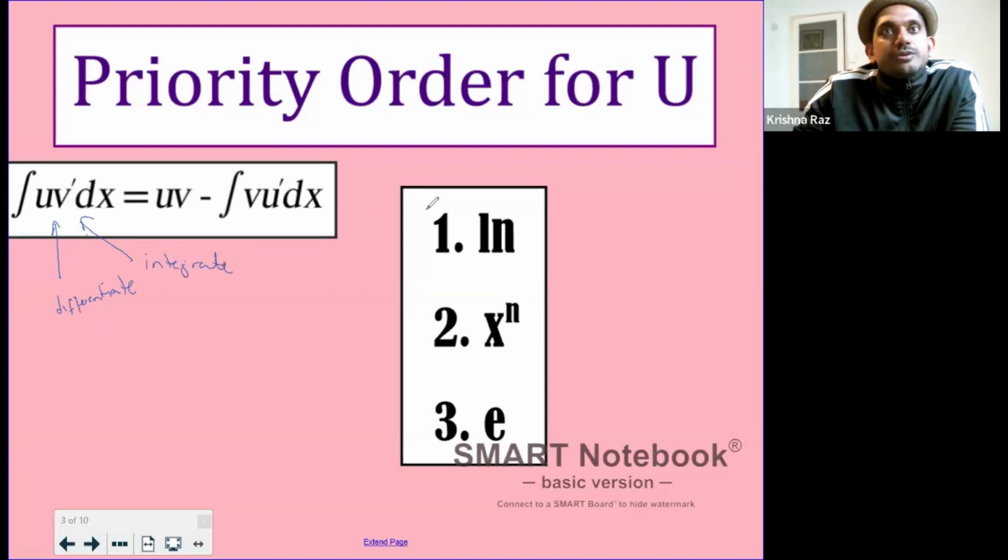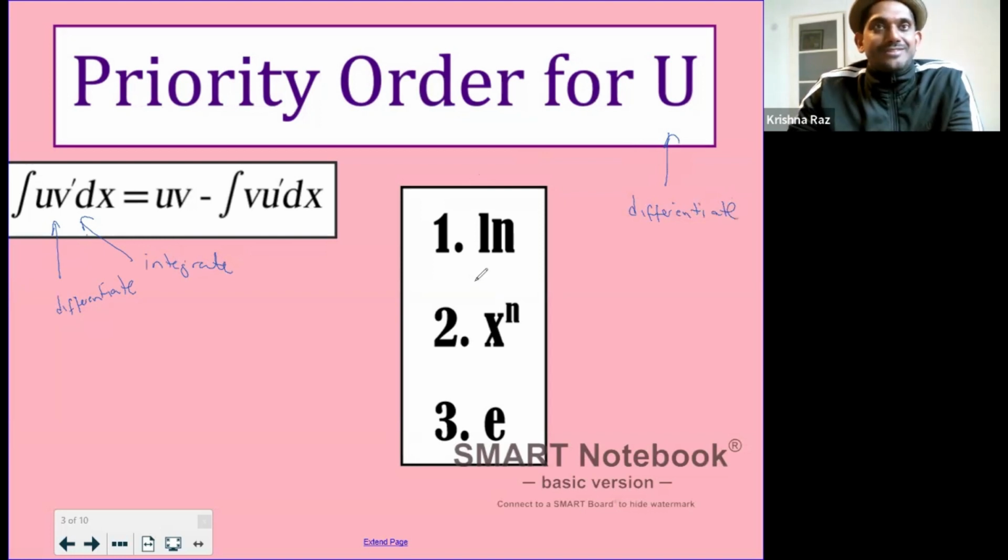So the priority order is for the variable that we will differentiate. Whenever you have a product involving ln, you always put ln to be your u. Failing that, if there is not a ln in the question, then it will be x, and e will be third in the list.